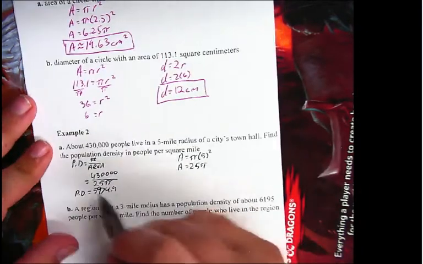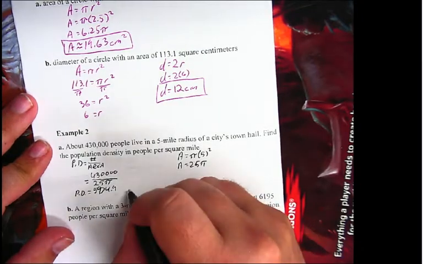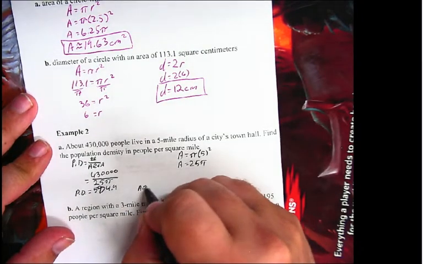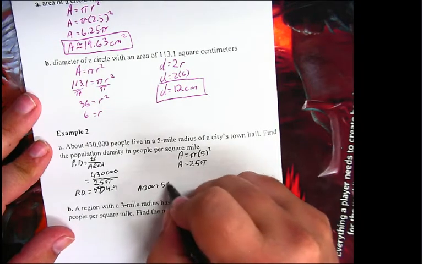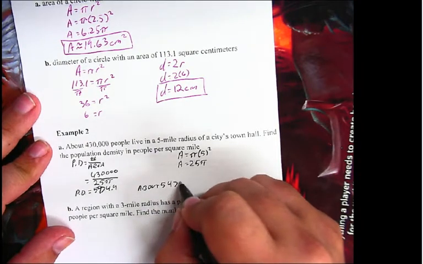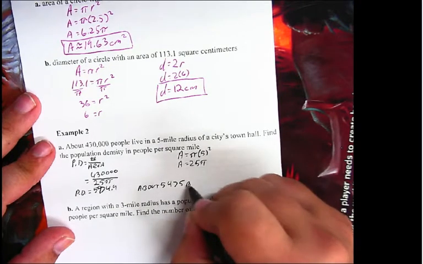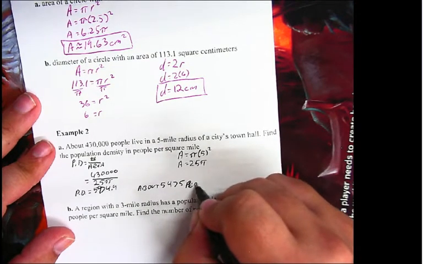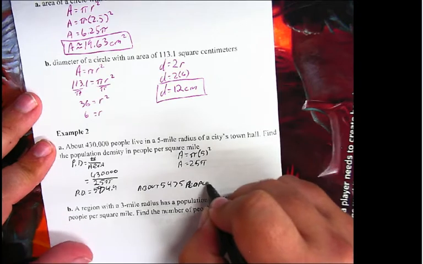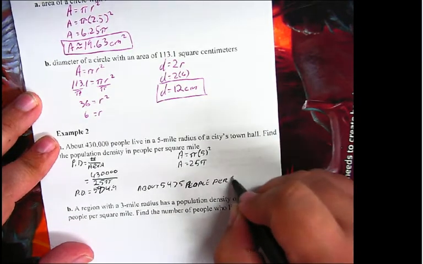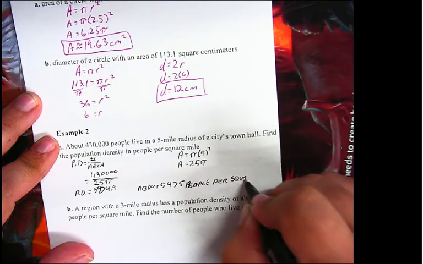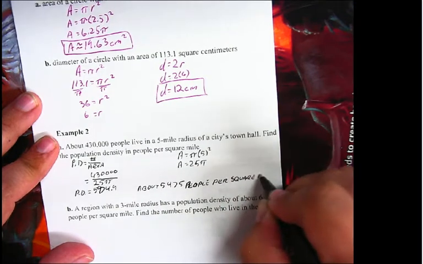We got whole people. So we're going to round this off, and we will say that this is about 5,475 people per square mile.